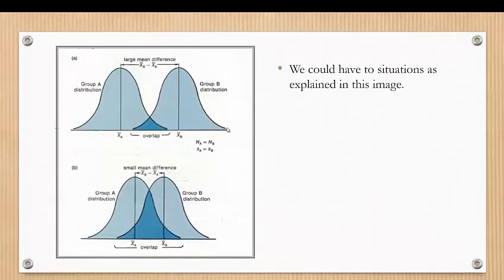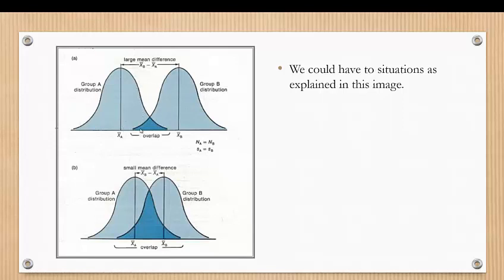Okay, so let's look at the groups here. We could have two situations explained in this image. So first of all, look at image A. And notice what we're saying here. We're saying the n of A equals n of B, the S of A equals S of B. But look what would happen if they had large differences within the mean.